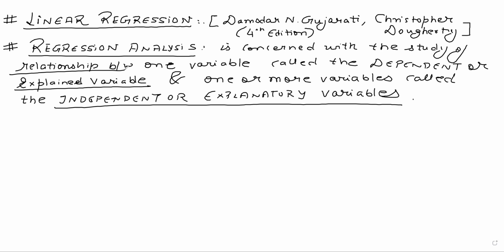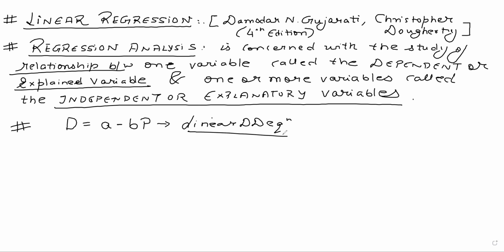Why? Because when I write a regression, suppose I write a regression for you like this. Regression is nothing but an equation. All of us know the demand equation, D is equal to A minus BP. This is my linear demand equation. Now, guys, changes in demand can happen because of other factors also, which you have done in microeconomics, like income, taste and preferences, price of substitute goods, complement goods.